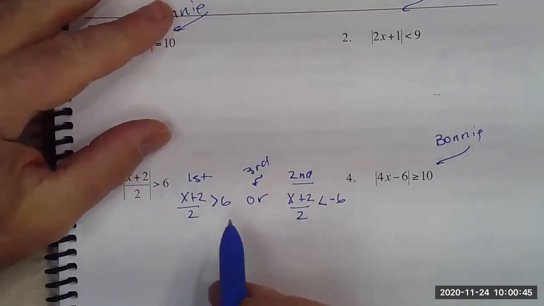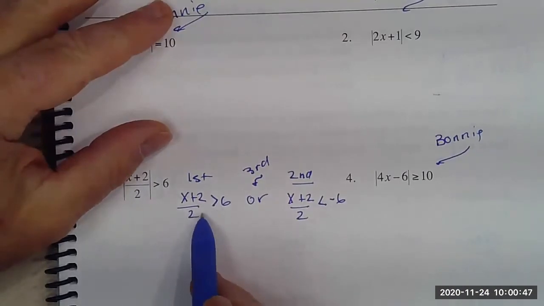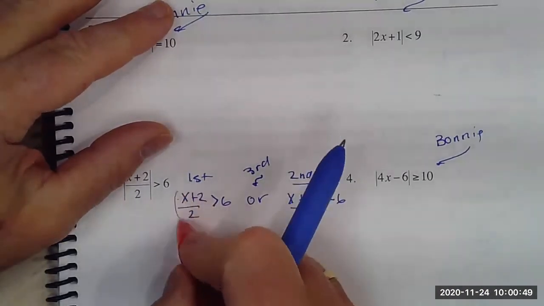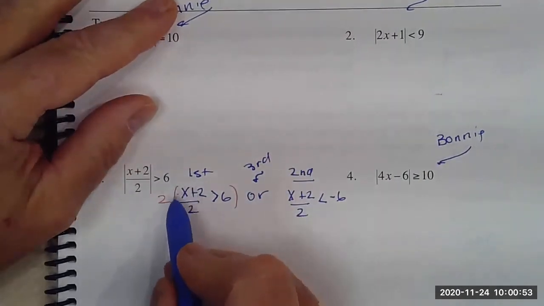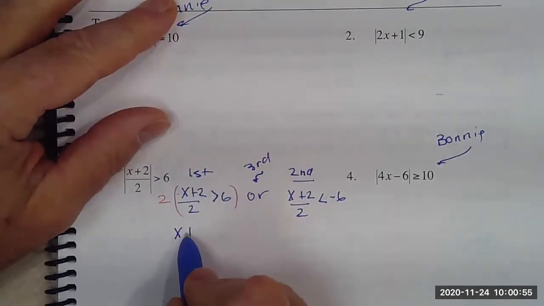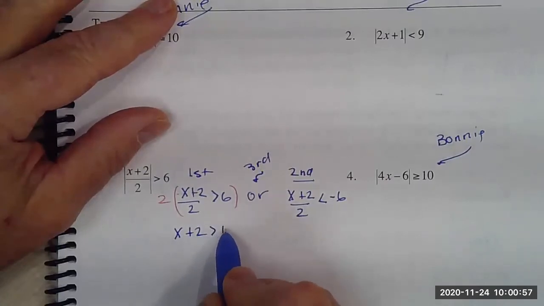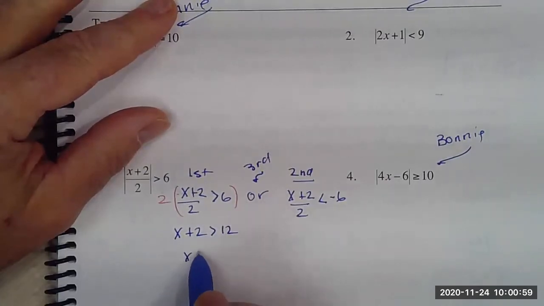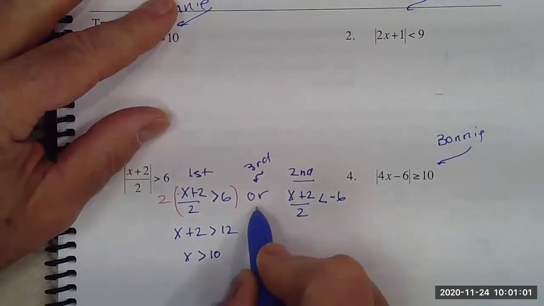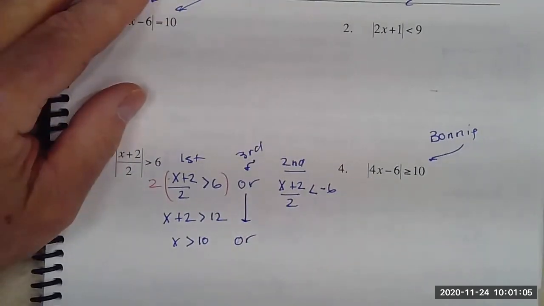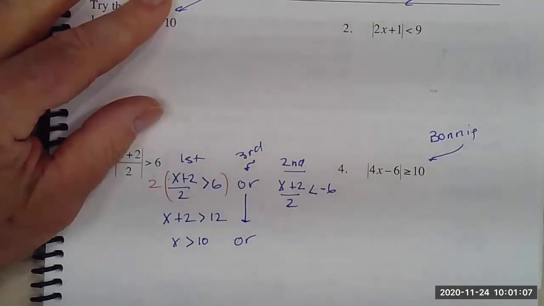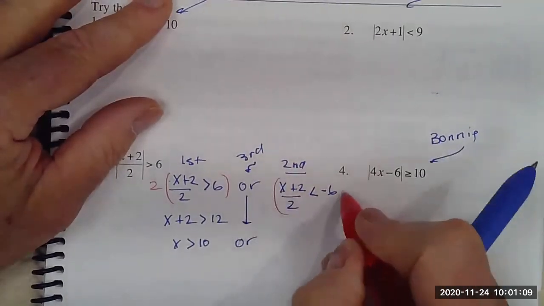Okay, solve them independently. Well, I'm going to multiply both sides by 2. It's not a hard thing, you guys. You know that. Get rid of the 2, multiply by 2, distribute to both sides. So x plus 2 greater than 12. Solve for x. x is greater than 10. Bring the or down to remind me. Or. Same thing here. I'm going to multiply by 2.